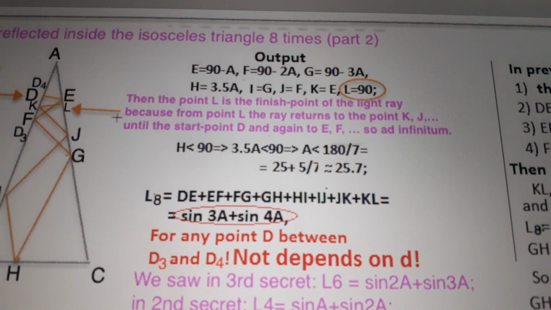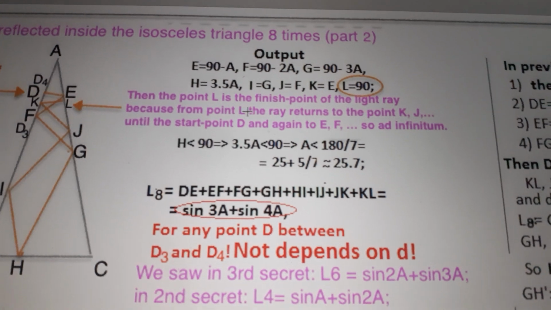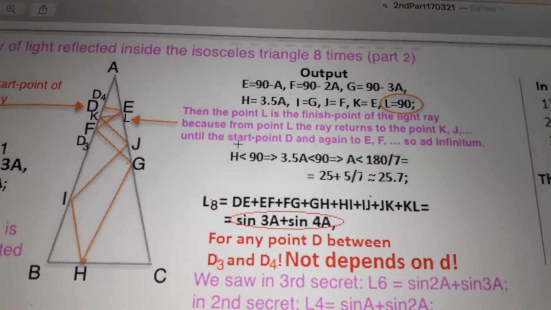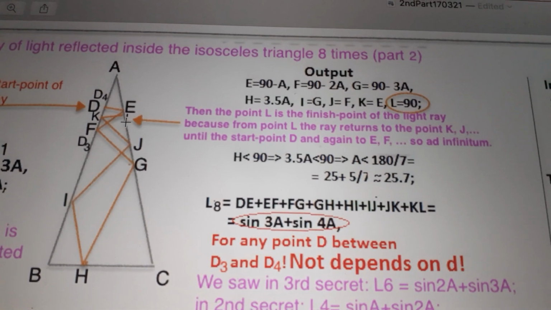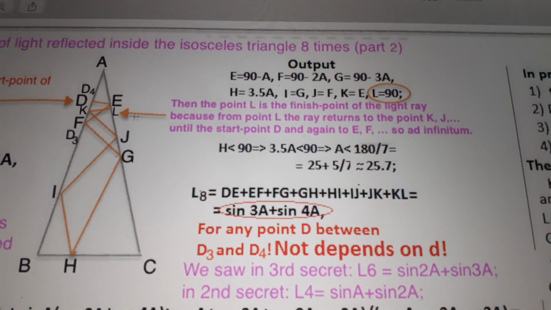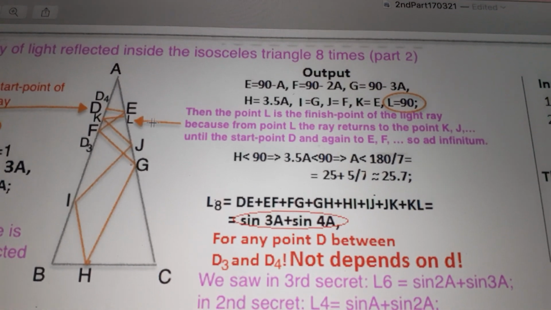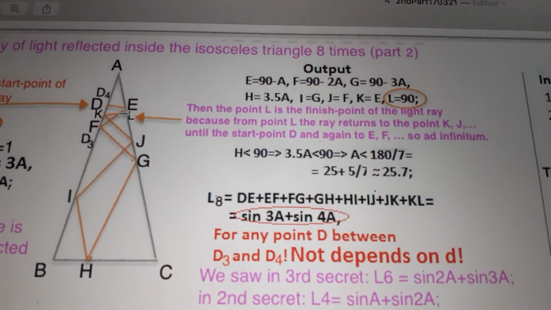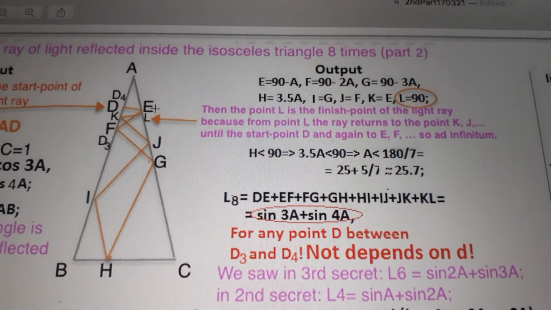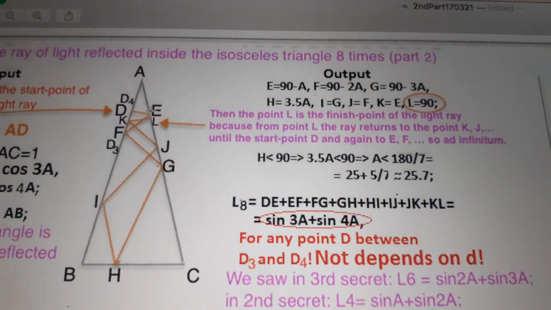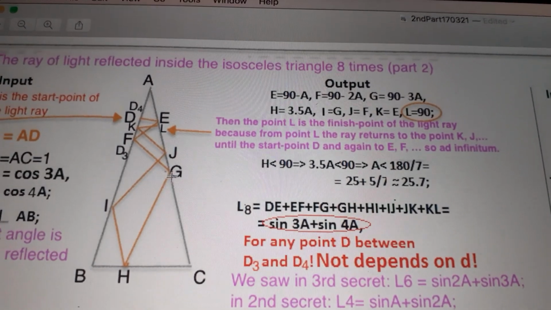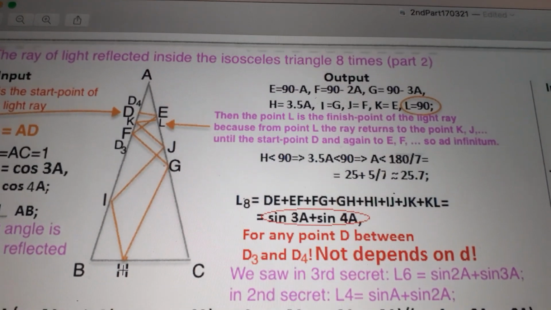So point L is the last point of the trajectory, because from point L the ray of light will return on the same points, on the same trajectory, but in the opposite direction.